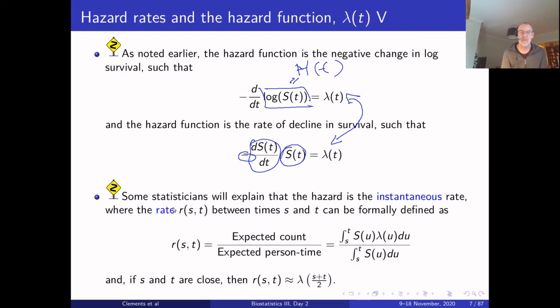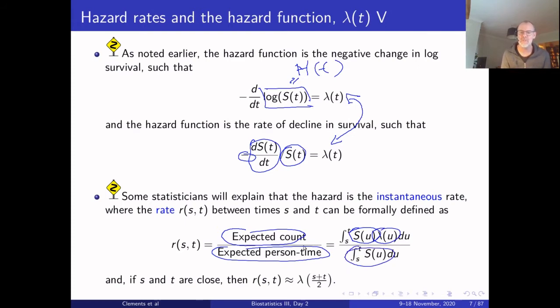Some statisticians will explain that the hazard is technically the instantaneous rate. So the rate r of s and t between times s and t, which we know as the expected counts over the expected person time, can actually be calculated from the survival and the hazard divided by the person time here.